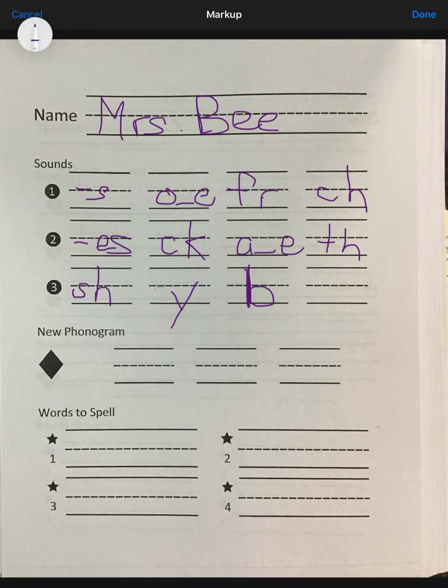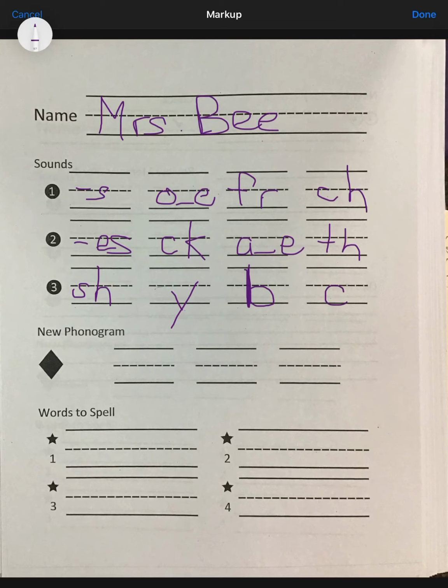All right, the last sound is k, like cat. If it's like cat, it's going to be a C. Very good, boys and girls.